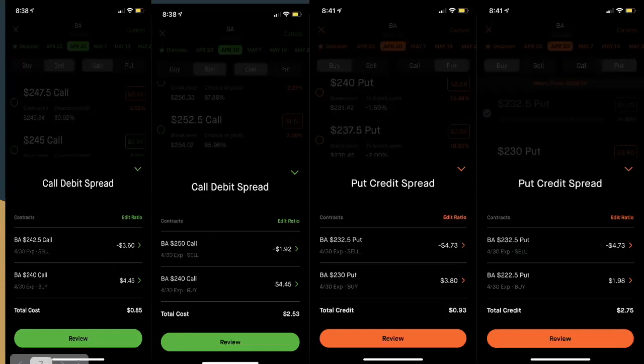Obviously, you know, lesser max profit compared to something as wide as 1,000 or 10, and I'll get into that. But you also now have BA only needs to close above 242.5 for you to receive full profit. Now, if you were to go over here in this BA spread, you would have to get BA to close above 250, $8.50 higher than this spread. So it becomes a little harder to do.